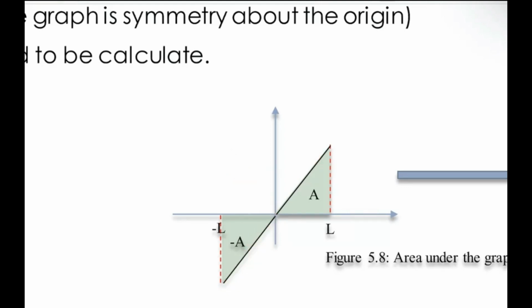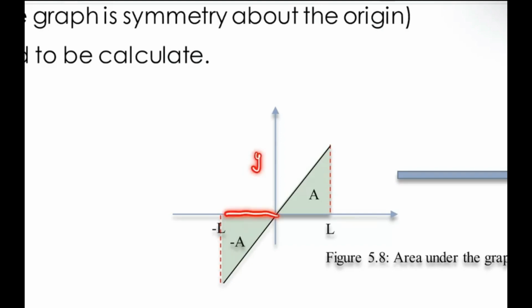So for the properties of integration, we know that integration means finding the area under the graph. So if I integrate this area, because this is symmetric, this area is also equal to the area of this one on the left-hand side, but with a negative value because it is under the x-axis.